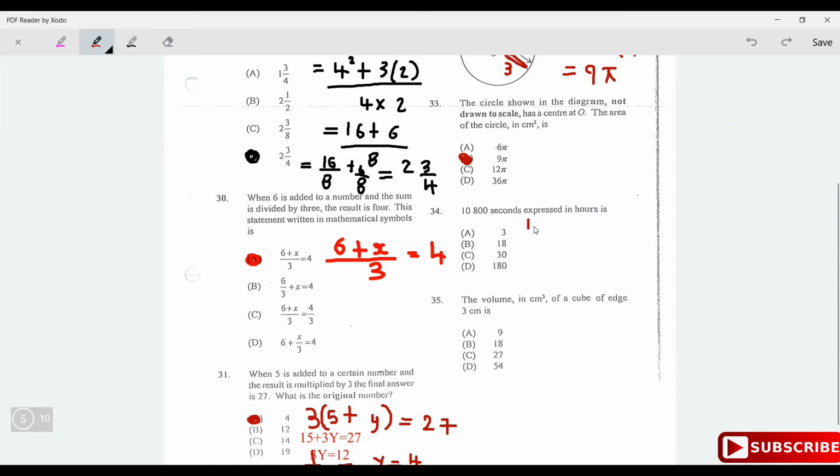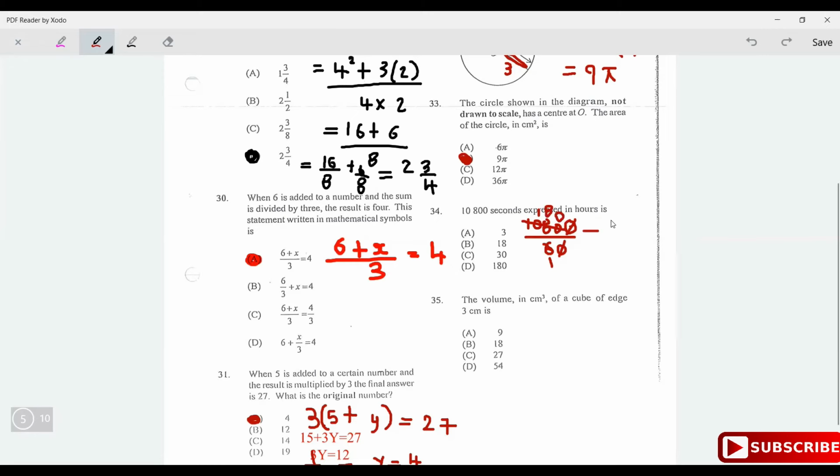First I divide 10,800 by 60, which converts the seconds to minutes, because 60 seconds make 1 minute. 6 into 10 goes 1, carry 4, 6 into 48 goes 8 times, and 6 into 0 goes 0 times. So this is 180 minutes.